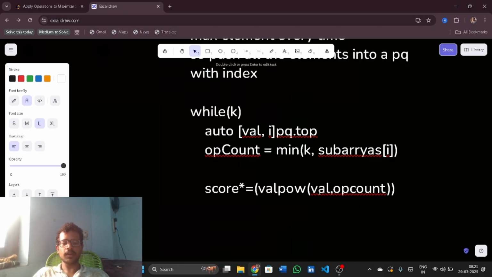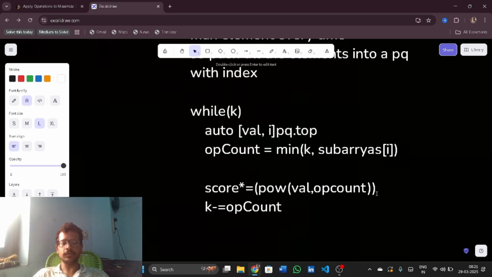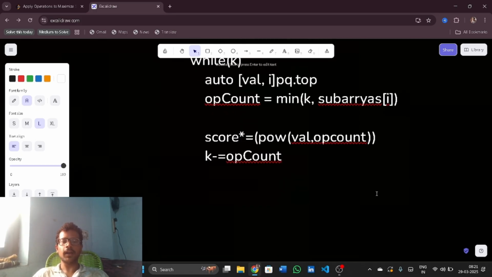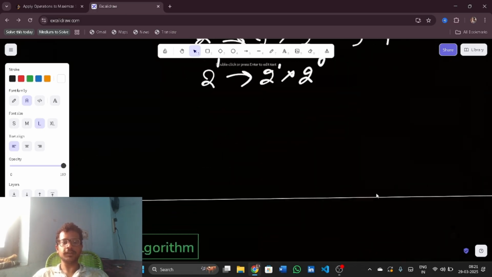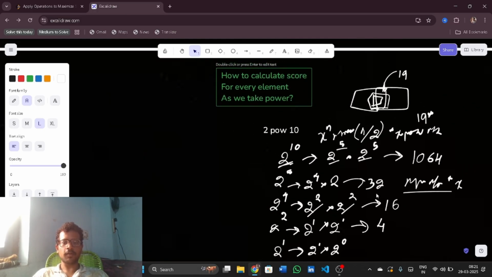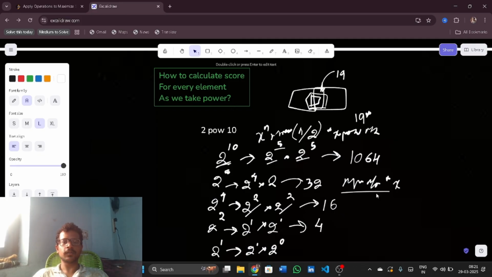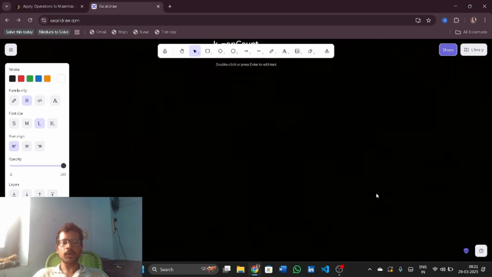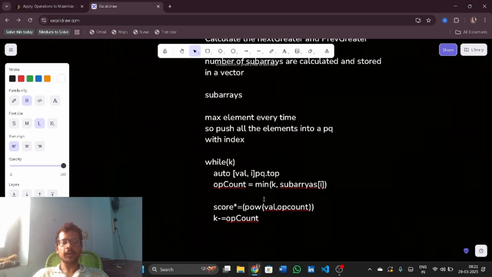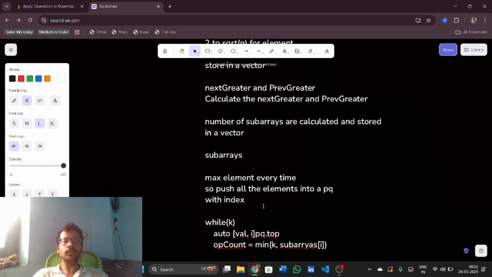At last, k minus equal to operation count. So this is how we solve this problem. And in another function you write this x power n function, so that you can compute this power by taking modulo exponentiation. So this is how you solve this problem.